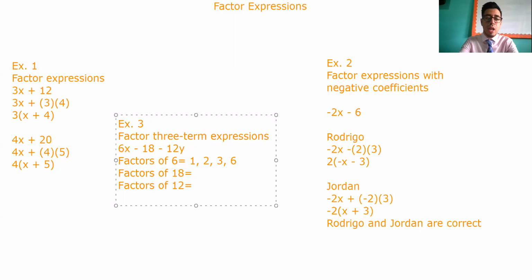Now, I'm going to complete the factors for 18. 1, I can divide by 2, I can divide by 3, I can divide by 6, I can divide by 9, and I can divide by the number itself, 18, okay? 18 divided by 18 is 1, 18 divided by 9, 18 divided by 6, okay?